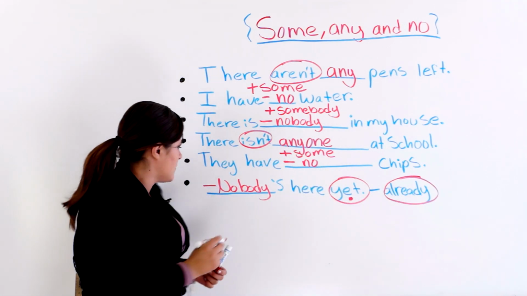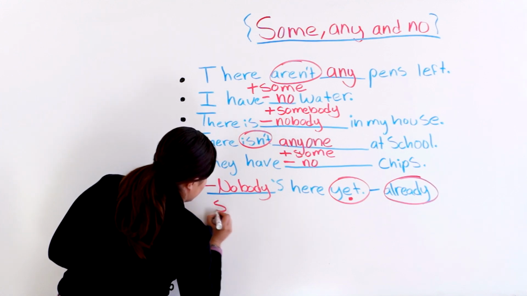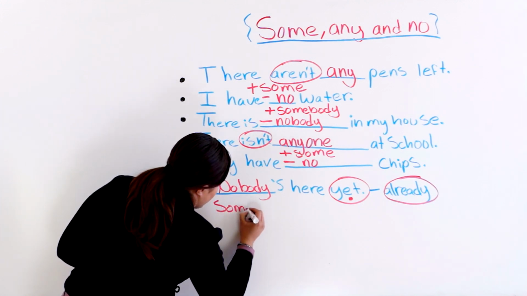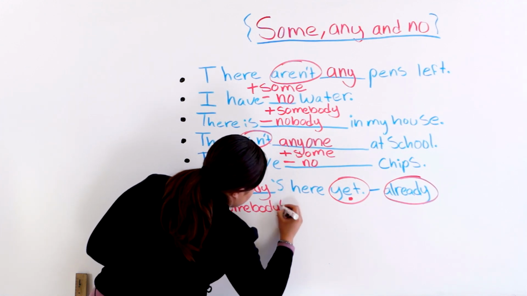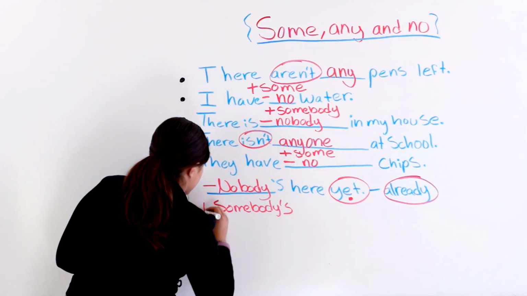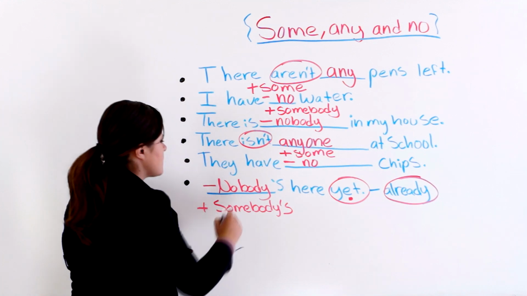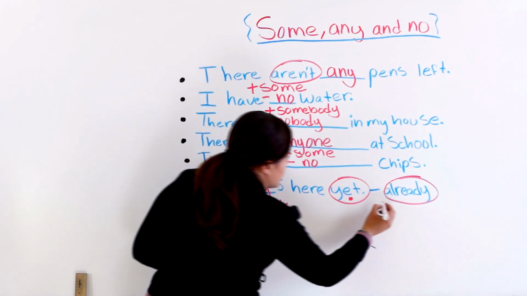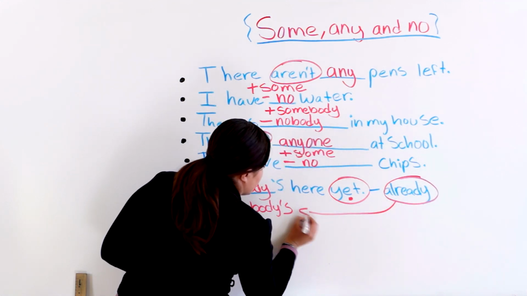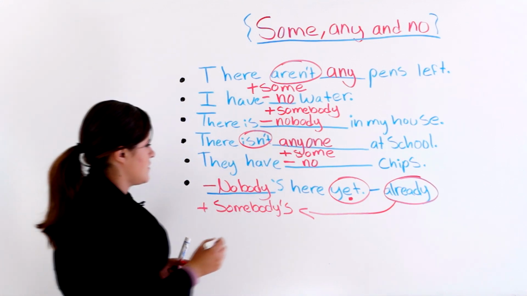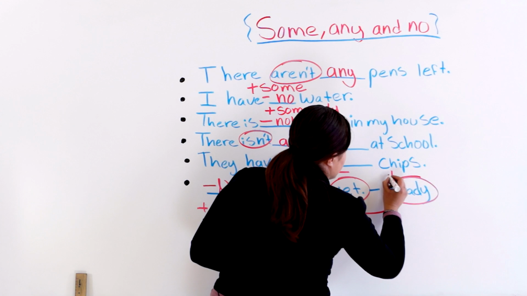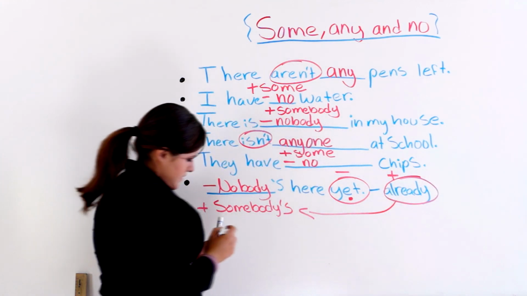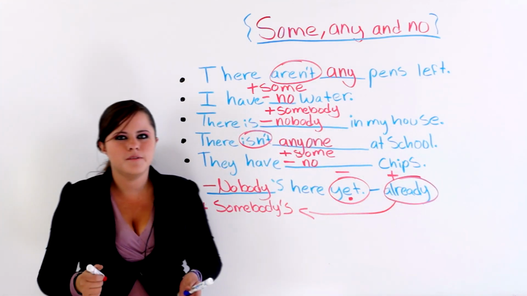No, right? We would say somebody's here. Somebody, if it's an affirmative statement, okay? Somebody's here with this one, right? Already. This is negative statement, and this is for a positive, affirmative statement, okay?